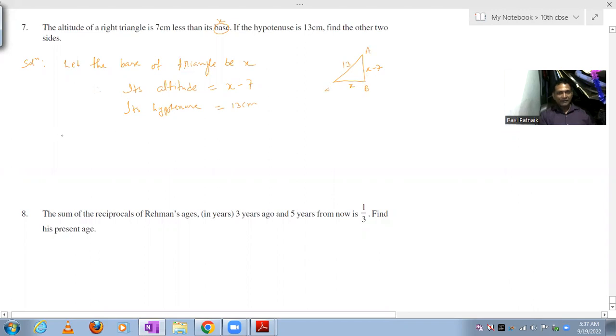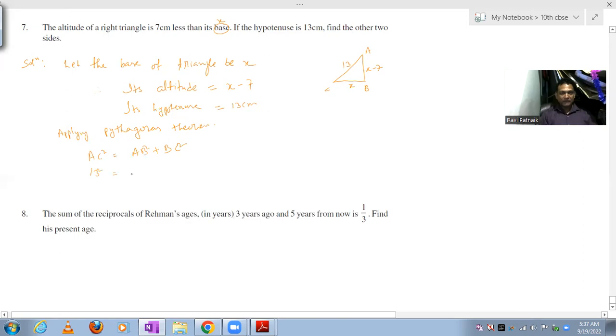Applying Pythagoras theorem. What is the Pythagoras theorem? AC square is equal to AB square plus BC square. So AC square means 13 square.